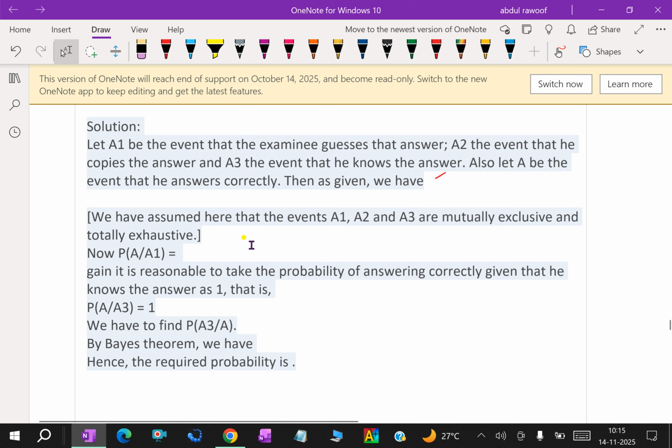We have assumed here that the events A1, A2, A3 are mutually exclusive and totally exhaustive. Now, what is P of A over A3? That is, the probability of answering correctly given that he knows the answer is 1.